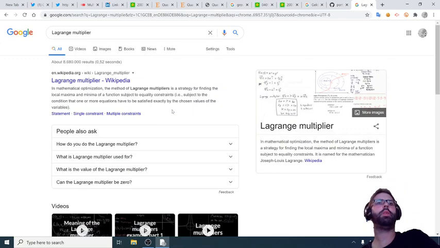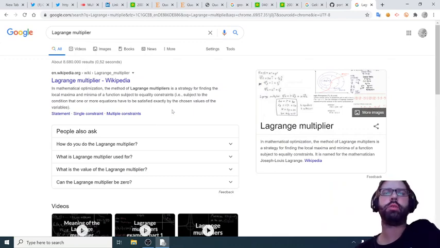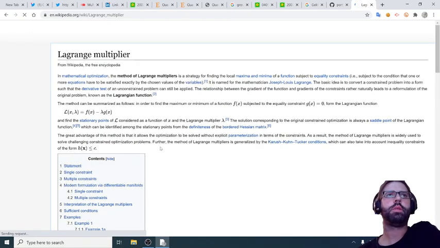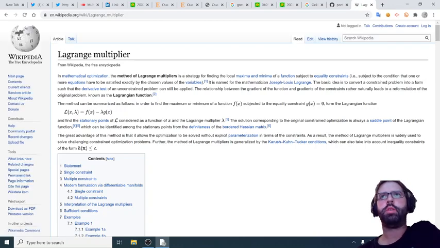In mathematical optimization, the method of Lagrange multipliers is a strategy for finding the local maximum and minimum of a function subject to equality constraints. It is named after Joseph Louis Lagrange. The basic idea is to convert a constrained problem into a form such that the derivative test of an unconstrained problem can still be applied.